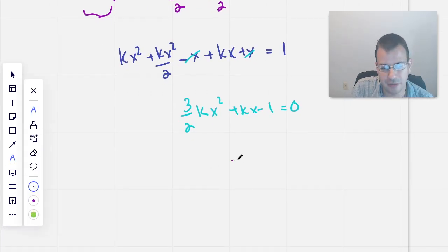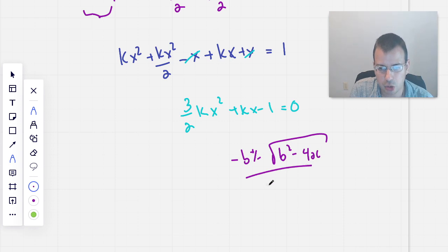So we're going to use the quadratic formula: negative b plus or minus the square root of b squared minus 4ac, all over 2a.